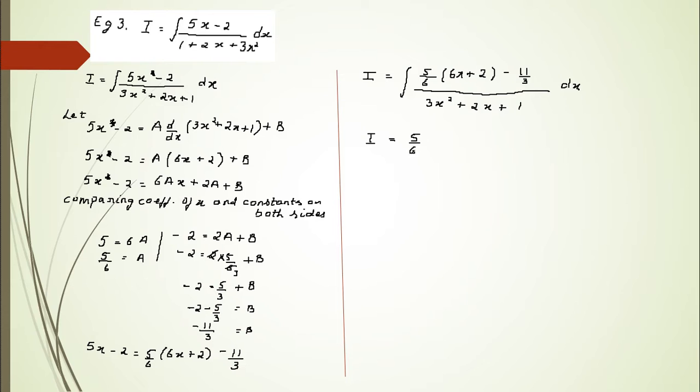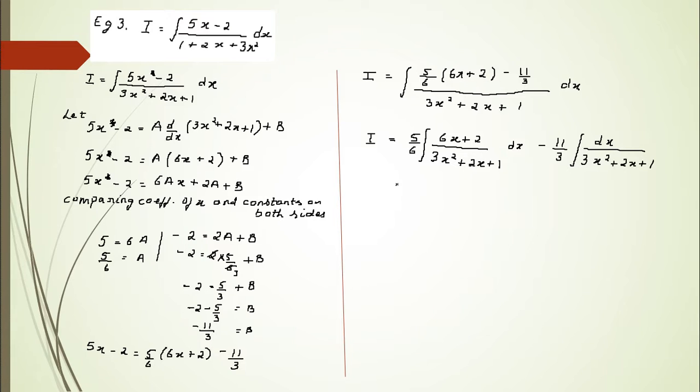So 5 by 6 integral 6x plus 2 divided by 3x square plus 2x plus 1 into dx, minus 11 by 3 is a constant, so I'll take it outside, by 3 integral 1 dx by 3x square plus 2x plus 1.